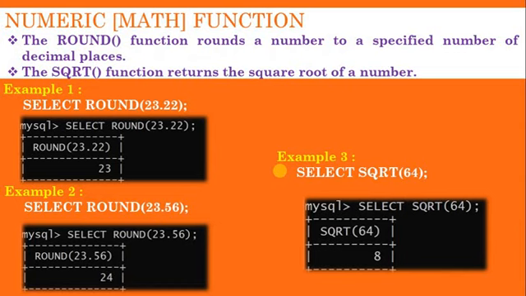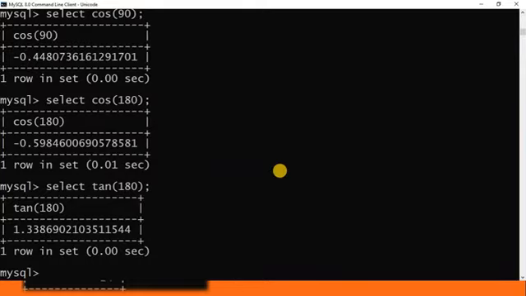Okay, the next one is the round function. The round function is used to round the values. If after the fraction the digit is less than 5, it will convert to the lower integer. If after the fraction it is more than 5, it goes to the higher integer. See the output. Select round of 2.45.